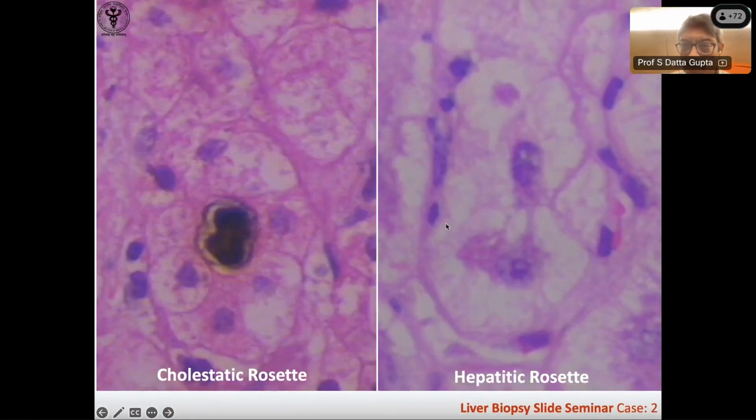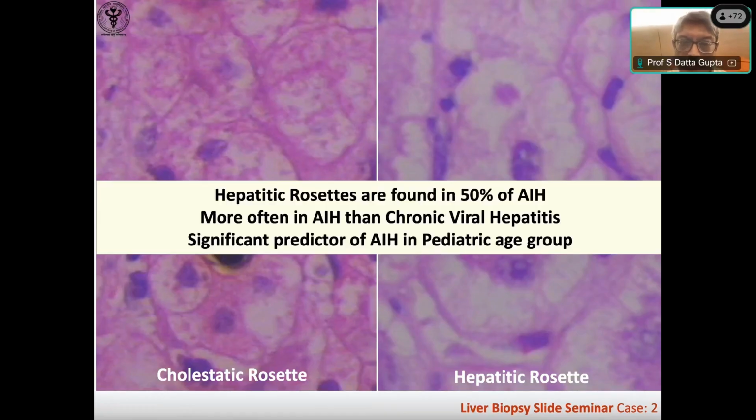In autoimmune hepatitis and other forms of inflammatory hepatitis, you get hepatic rosettes, but in autoimmune, you can see them in a lot more number than other diseases. So hepatic rosettes have no canaliculus in the middle. You don't see any space, no bile. So that's a hepatic rosette. Canalicular rosettes are seen in hepatitis as well as especially in biliary disease.